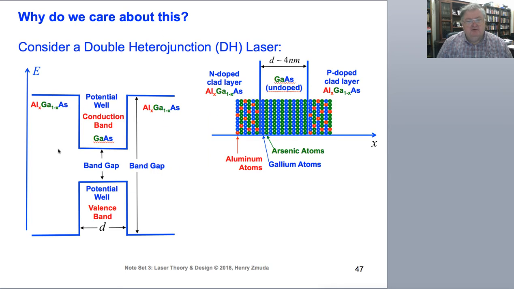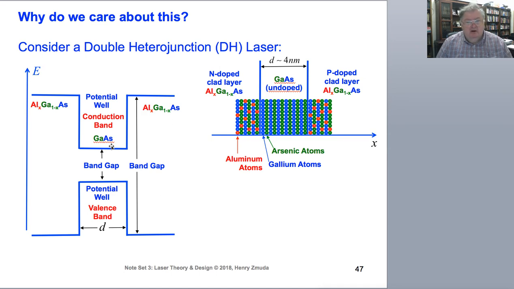We found that when we take, for example, a heterojunction, two junctions between aluminum gallium arsenide and gallium arsenide, and then again gallium arsenide and aluminum gallium arsenide, that we do indeed form a well, but the depth of that well is finite. It is not infinite.